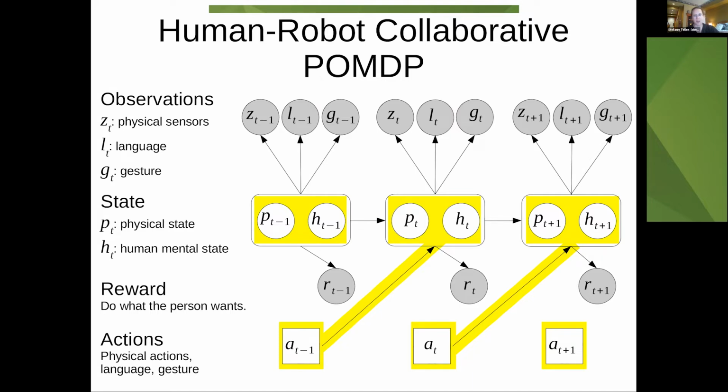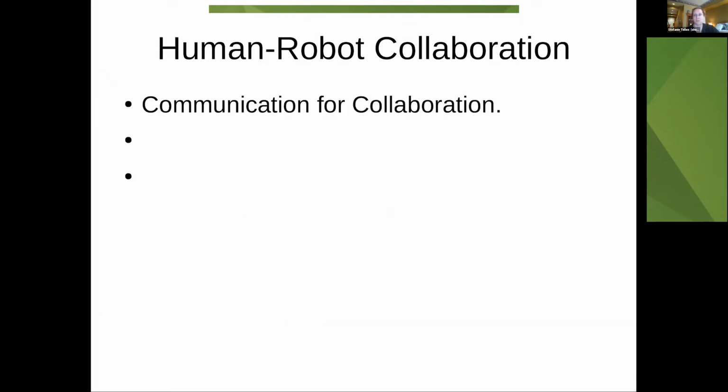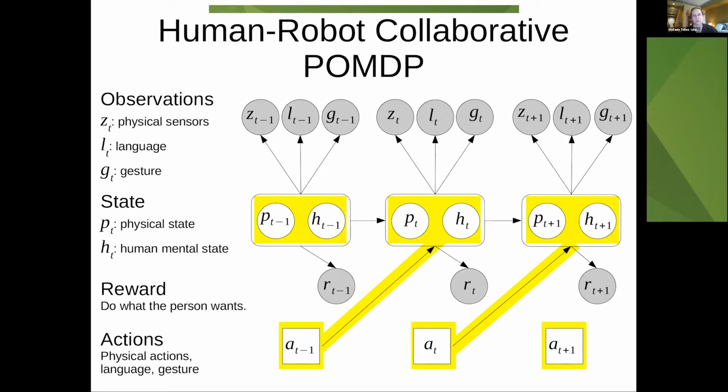If the robot asks a question, then it might do that because it expects that this will change the person's mental state so that they'll know what the robot needs, and they'll be able to answer the question or provide help to the robot. So this is the problem of communication. Figuring all this out is the problem of communication for collaboration.